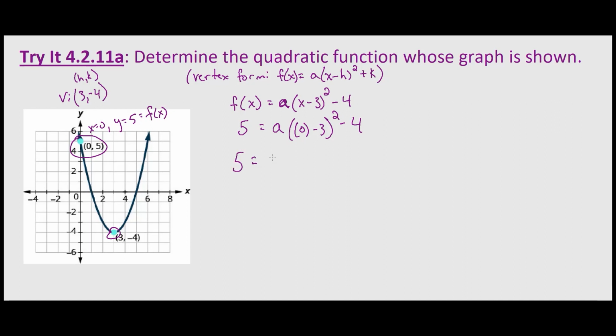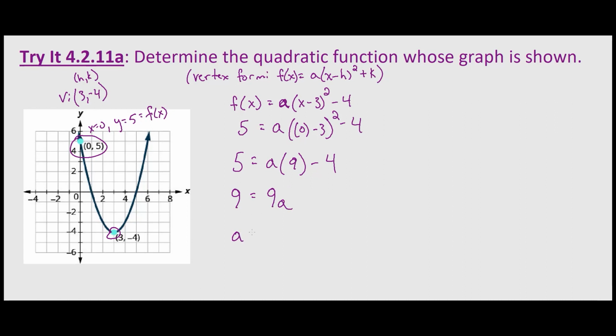So further simplifying, 5 equals a times (0 minus 3), which is -3, squared is 9. So a times 9 minus 4. Adding 4 to both sides, 5 plus 4 is 9, equals 9a.